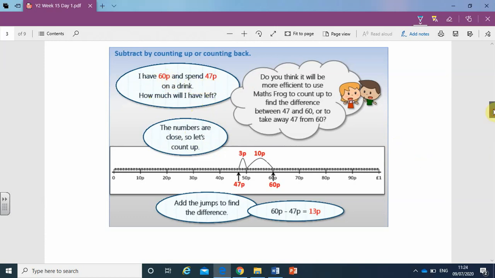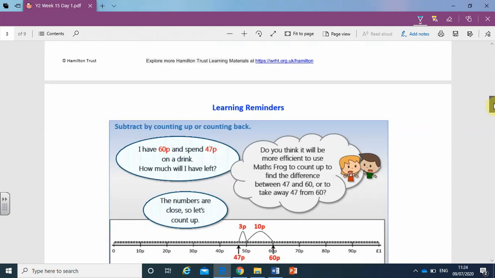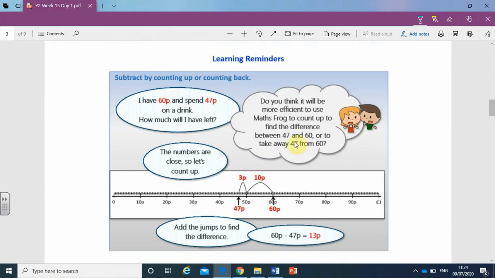Whereas in this one, the numbers were quite far away, 11 and 53, so it made sense to count back. This one they're really close. We've talked about this in class, so it might be as well to count up. So 47, 48, 49, 50, that's 3 pence. 50 to 60 is 10, and we know a 10 and a 3 is 13.